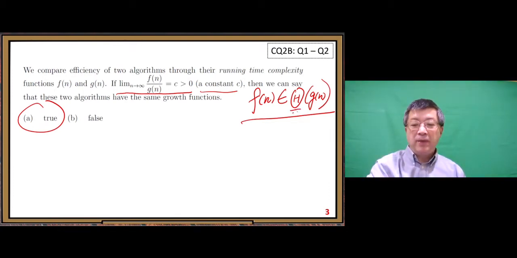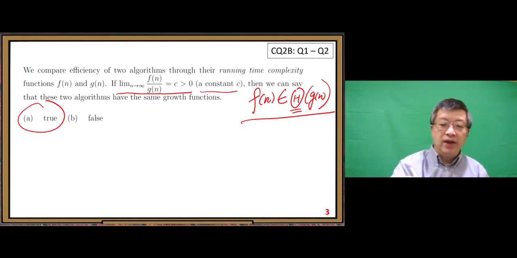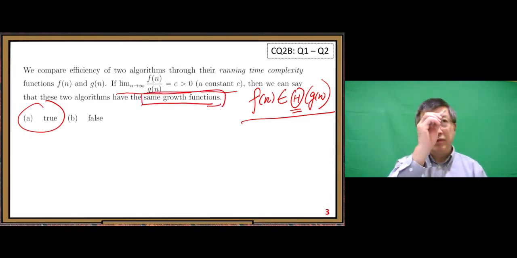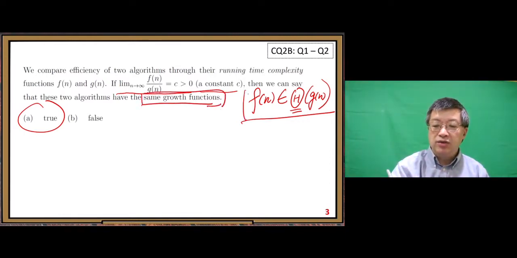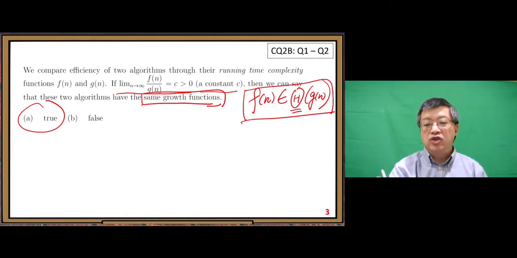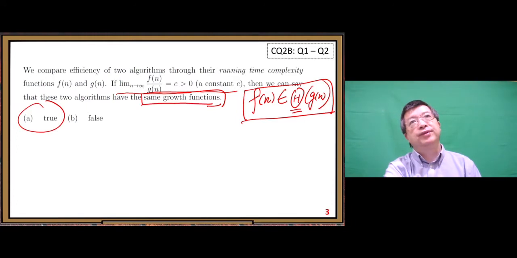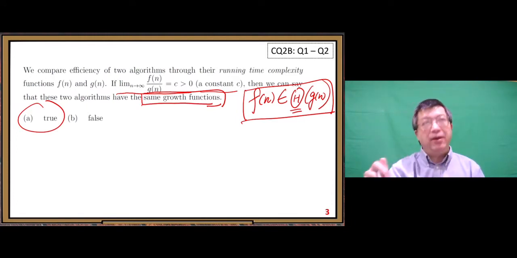Big theta. So here you can see the same growth function. The same growth function condition corresponds to one function being in the big theta of another function. We can understand in that way.